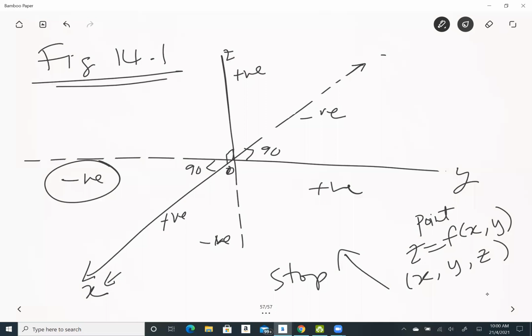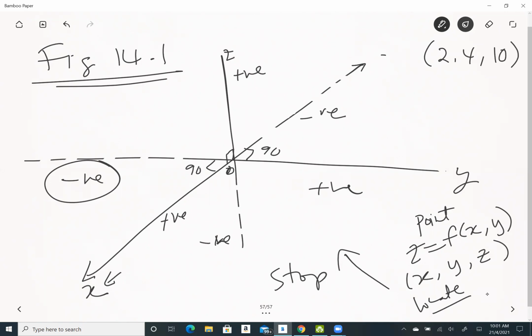So the point is defined or described by x, y, z. So how do you locate the point? Locate a point, that means how do you locate? For example, a point 2, 4, 10.